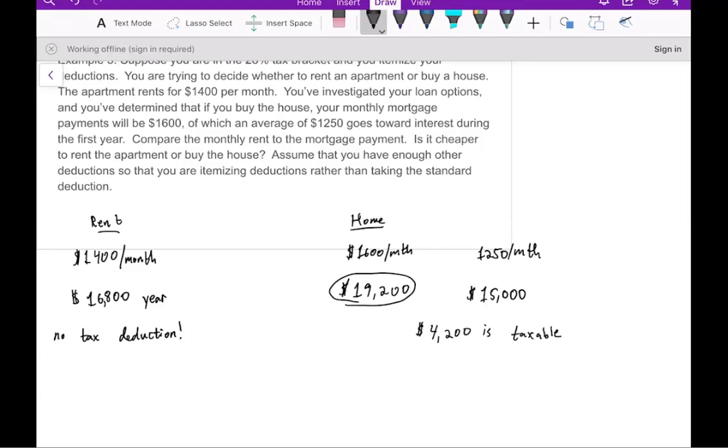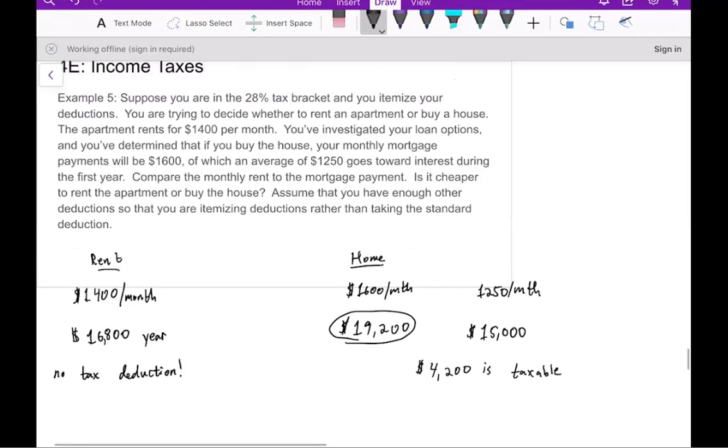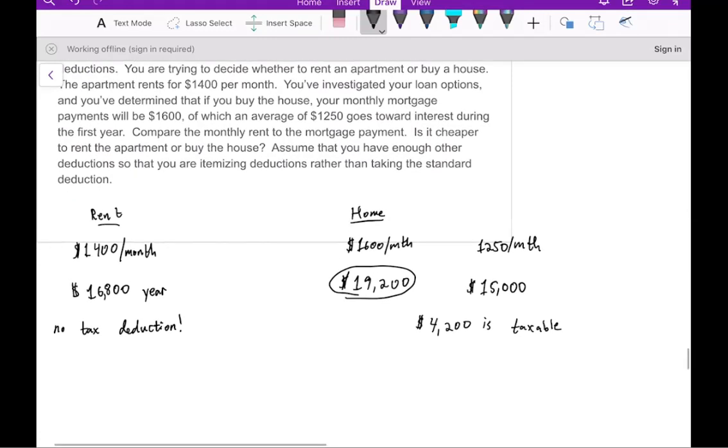Okay, and then of course, you're also paying $200 extra per month. So over the year, you're paying an extra $2,400, right? So that's also something you'd have to keep in mind. But anyway, we're in the 28% tax bracket and you itemize deductions, right?